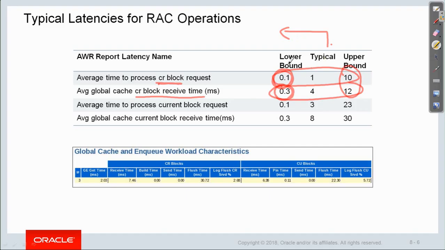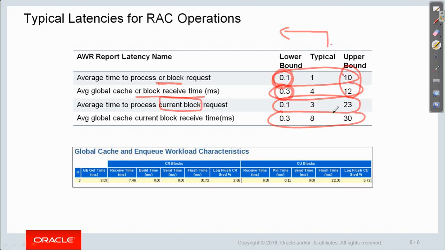Now, if you request a block for DML, I need the most current block in the requesting instance. So in order to process, it takes about this amount of time. But in order to receive it, it takes a little longer. Okay, so 0.3 to 30 milliseconds.